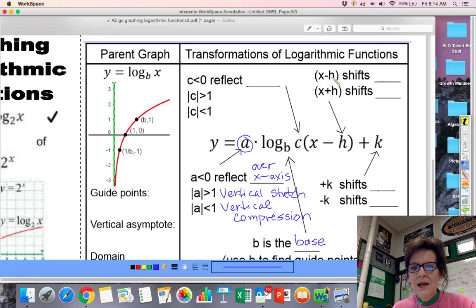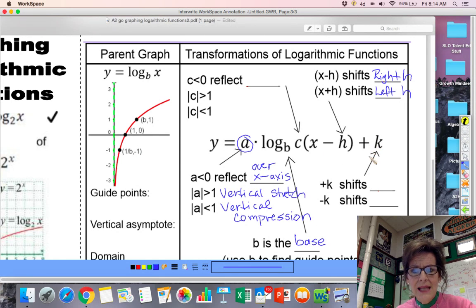If you have x minus h, that shifts to the right h units. If you have x plus h, that shifts to the left h units. That's backwards from what we're used to, but when you change x before you do the function, it creates a horizontal change.